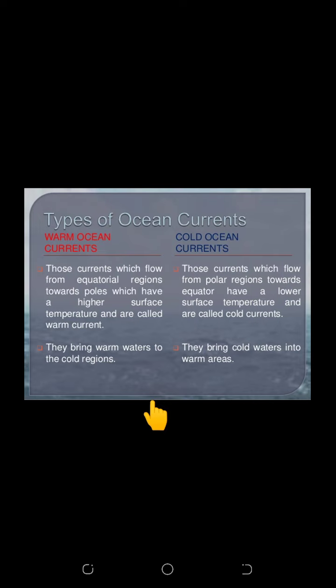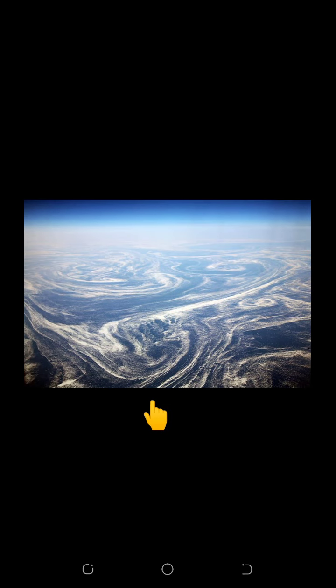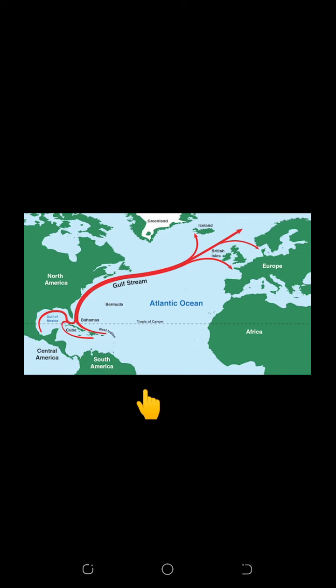The Labrador Ocean Current is cold current, while the Gulf Stream is a warm current. The ocean current influence the temperature conditions of area. Warm currents bring about warm temperature over land surface.